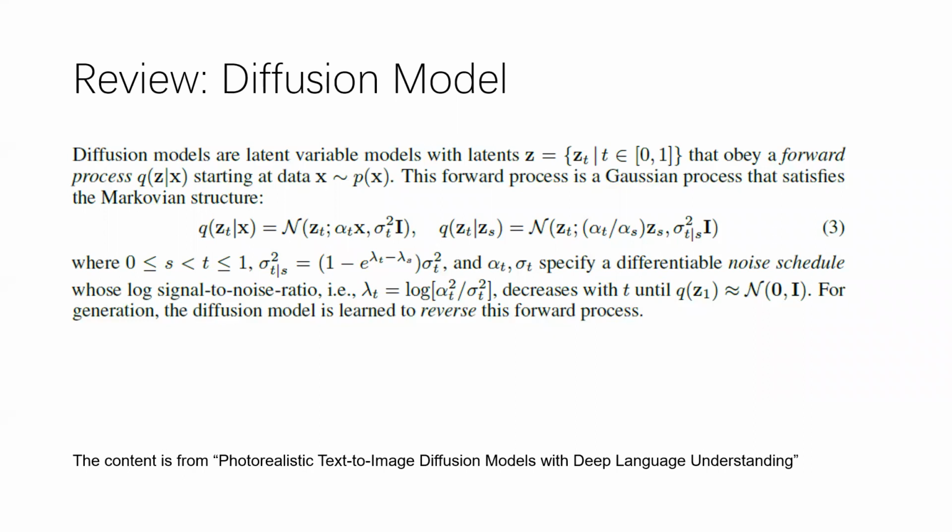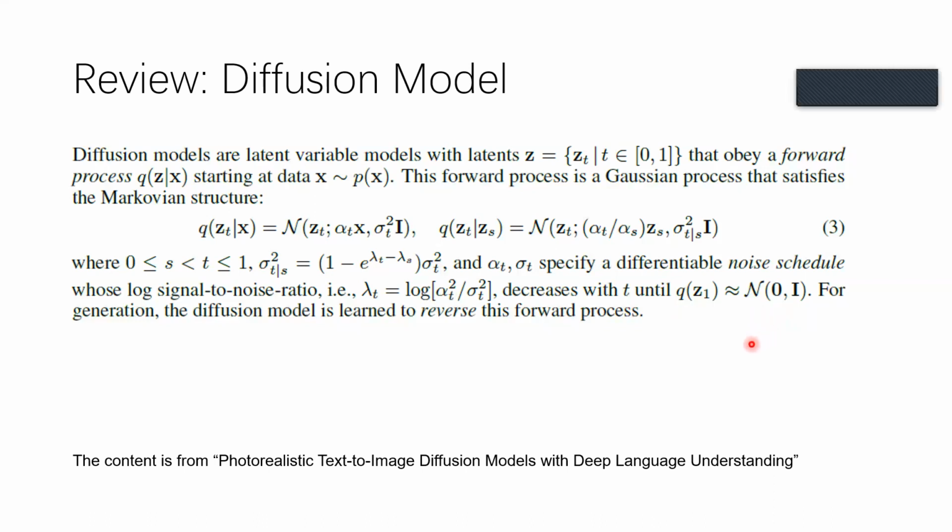As a reminder, diffusion models are latent variable models that obey a forward process q(z|x) starting at data x that follows the distribution of p(x). It just keeps adding Gaussian noise step by step until the final distribution follows a normal distribution.